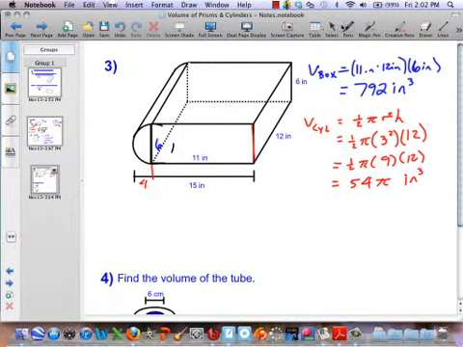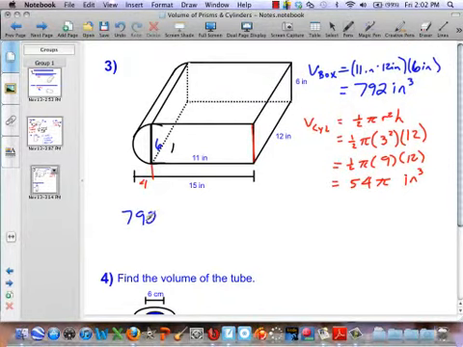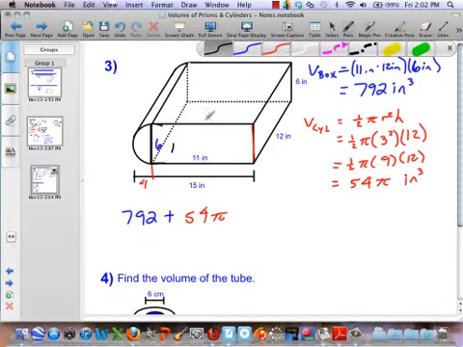So what's the total volume then? 54 what? 54 pi? It would be 826 pi inches cubed. Right, now let's get a decimal approximation of that.